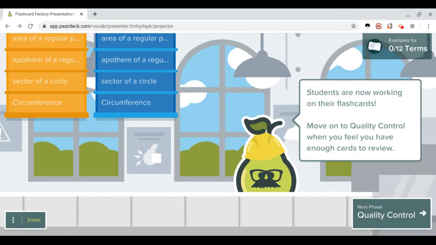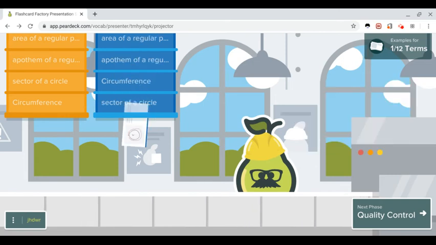And then the other part is write a definition of a circumference. For that, as a student, I would say the distance around a circle. And then it moves on to the next one.